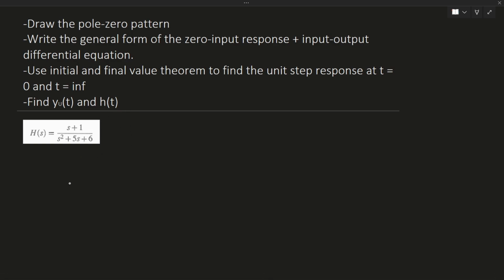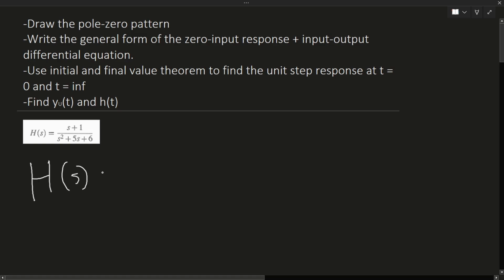So first question is asking you, draw the pole zero pattern. Okay, so I'm just going to write it again. s plus 1 over s squared plus 5s plus 6. So it's asking you to find the poles. So the first thing that should come to mind is that you have to factorize it, okay?